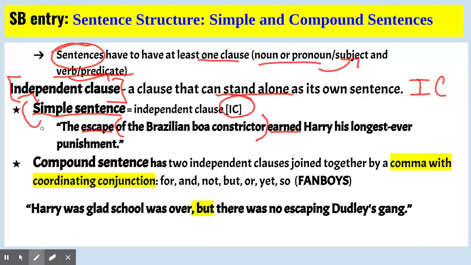It earned Harry his longest ever punishment, right? So my subject is escape, and my verb is earned, and earned Harry his longest ever punishment is the rest of the predicate. Since I only have one subject, escape, and I only have one predicate, earned, I have a simple sentence, which means it is also an independent clause.